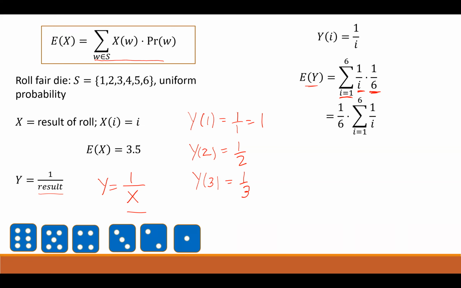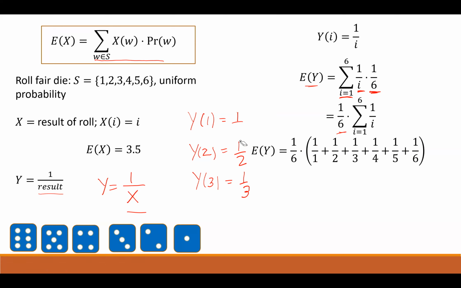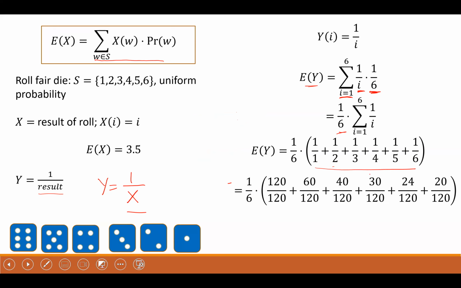I can factor it out, take it outside of my summation, and then I get 1/6 times the sum of all of the possible values of y. So 1/6 times 1 over 1 plus 1 over 2 plus 1 over 3, etc. We find a common denominator, sum them up, and finish this little equation. We get 49 over 120.